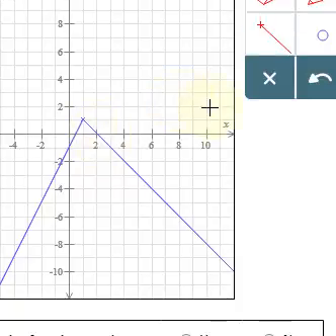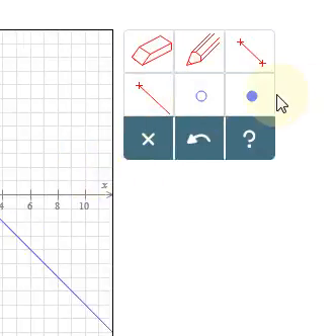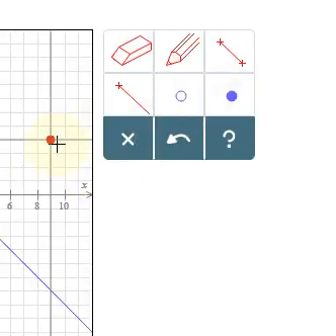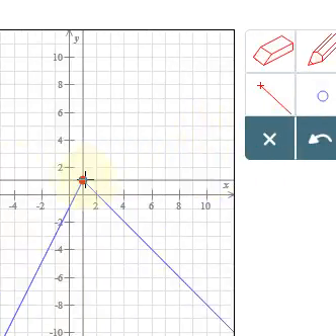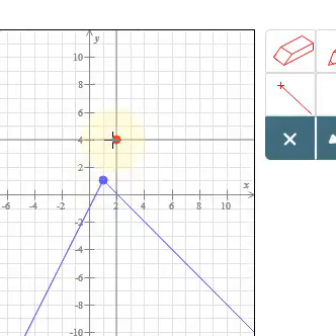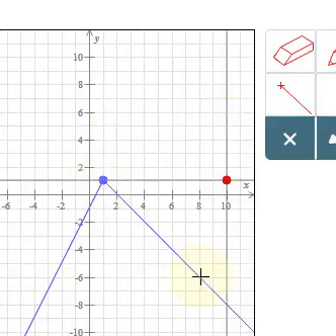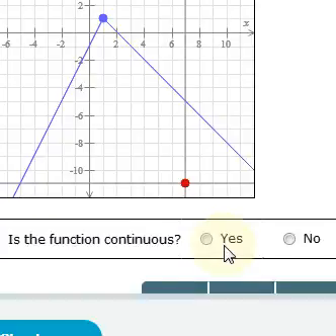This one here looks like they join together because they touch. And since they're touching at that point, we can put a darkened dot, and we can say that this function is continuous, so we'll select yes.